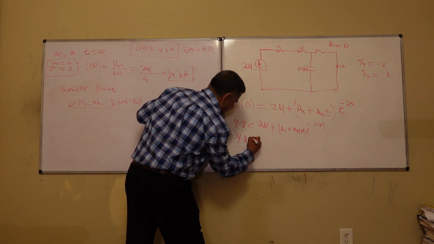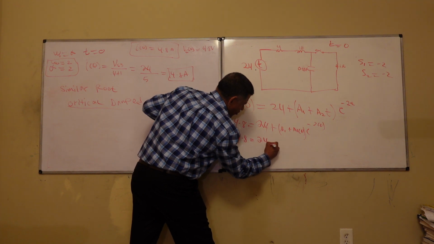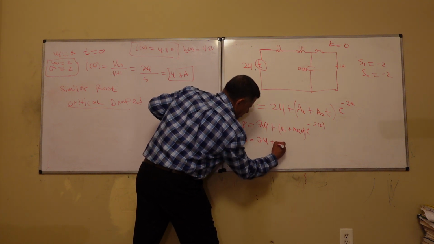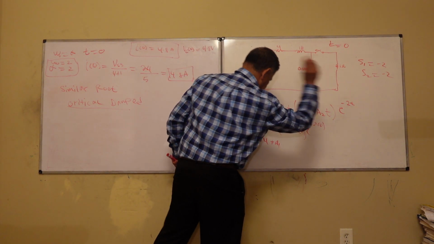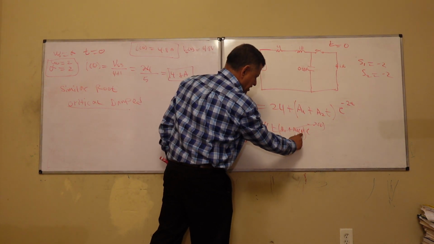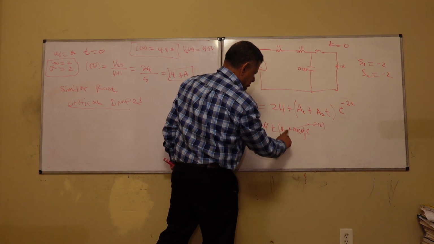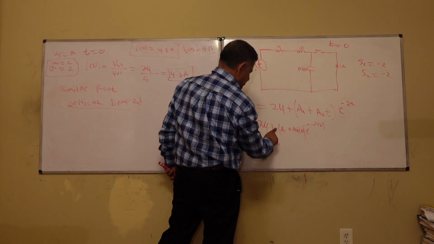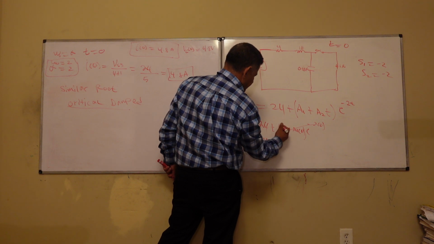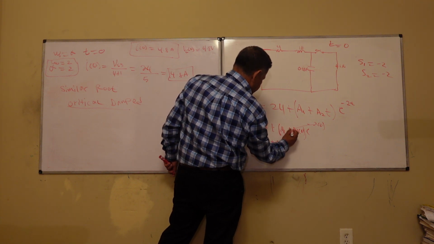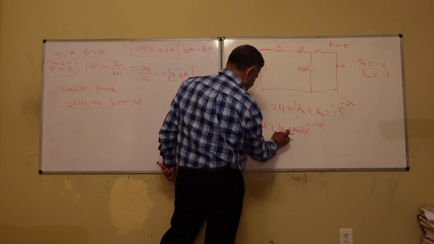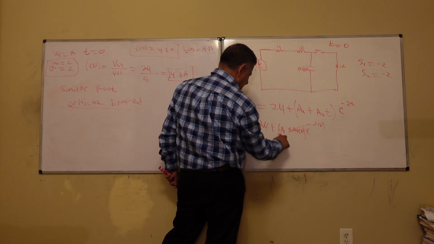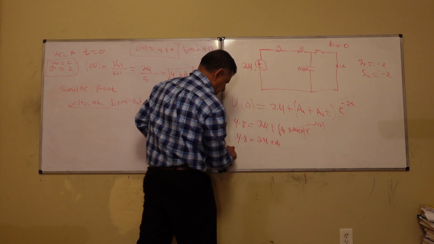4.8 equal to 24 plus A1. Well, no, let me correct myself: this is 0, and this is 1 right here, so you keep the A1, and that's why you get this.